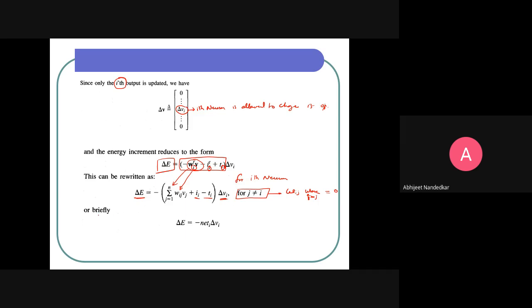Now when I go like this, this is nothing but the net value for the ith neuron. So it is net i. So this bracket is net i multiplied by change in input. So this change in input is as it is. So net i is the input of the neuron whose output is allowed to change.